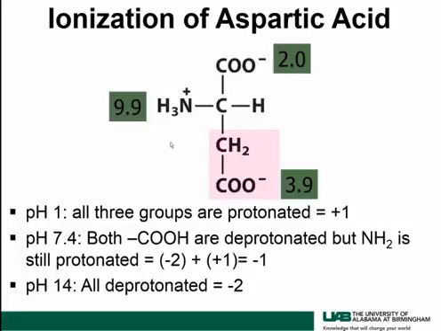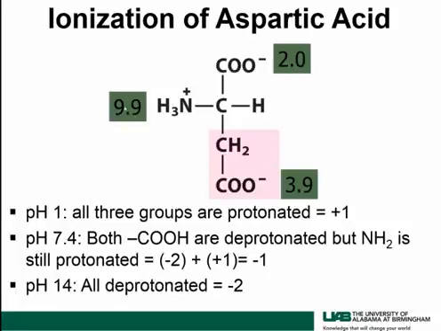Now let's go to pH 7.4 and make it more interesting. At pH 7.4, you have exceeded the pKa for the alpha carboxyl and the R carboxyl, which means they're generating the -1 here and -1 here to make -2. The amino group, on the other hand, has not been exceeded.